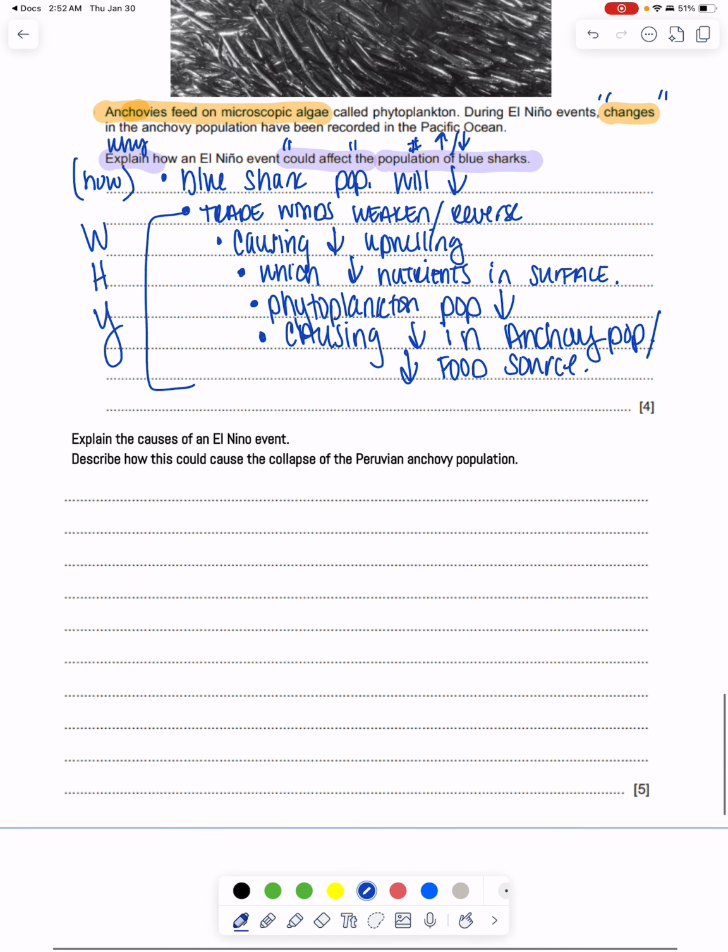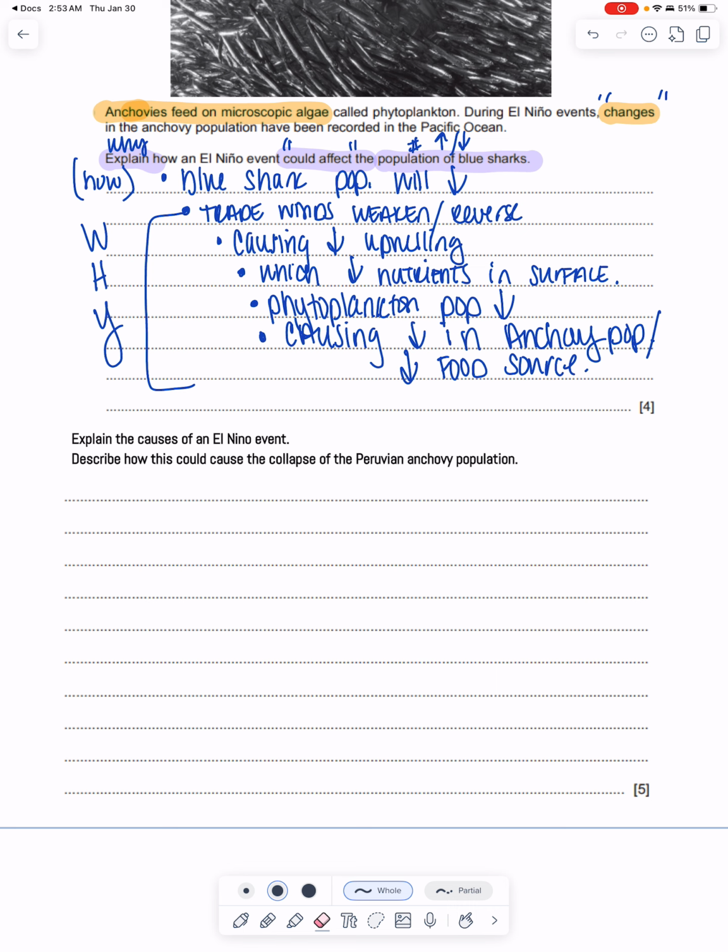This bottom question, very similar. We have 5 marks there, and it's a very similar answer. So explain the cause of El Nino event. We're going to want to talk about trade winds are weakening, they're reversing. How could this cause the collapse of the Peruvian anchovy population? Okay, I'll just talk it out here.